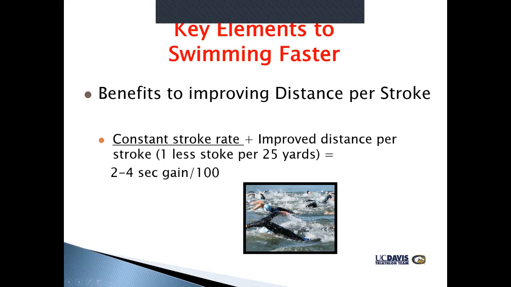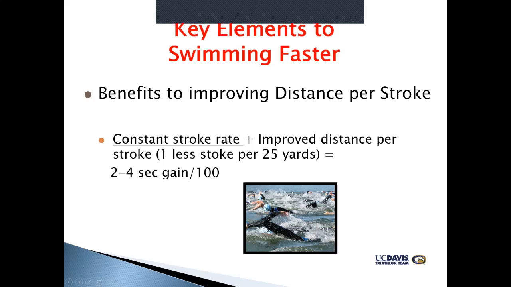If you're to improve your distance per stroke or reduce the number of strokes you take per length by just 1, so let's say you take 21 per length on average, if you can reduce that down to 20 on average and you keep a constant stroke rate, okay, you could see gains of 2 to 4 seconds per 100. That is very significant.